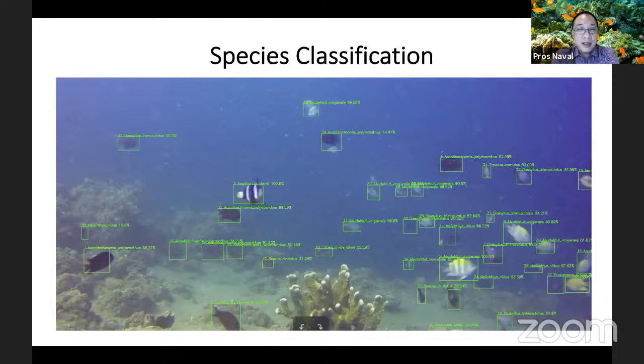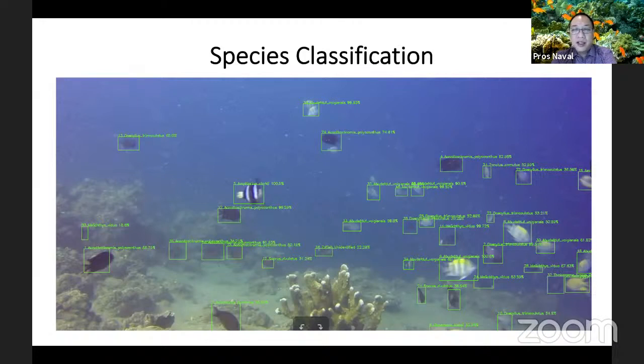Well, the answer is we need training data to accurately classify fish species and identify them properly. But many of the fish species are not usually seen.